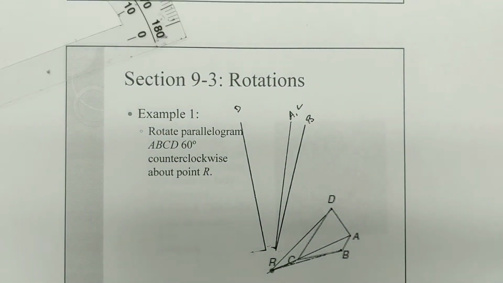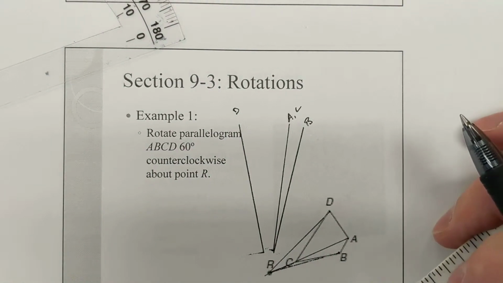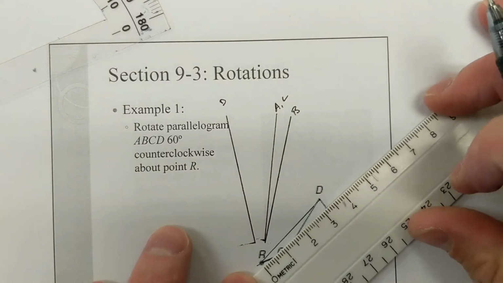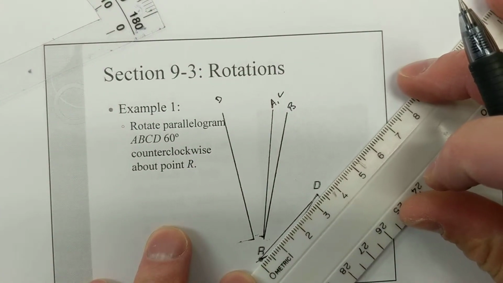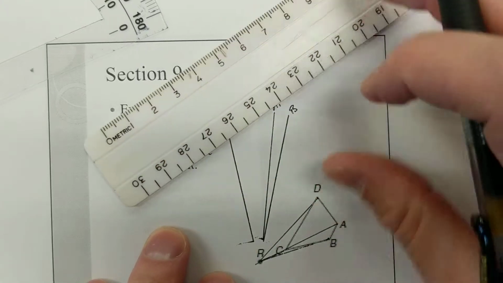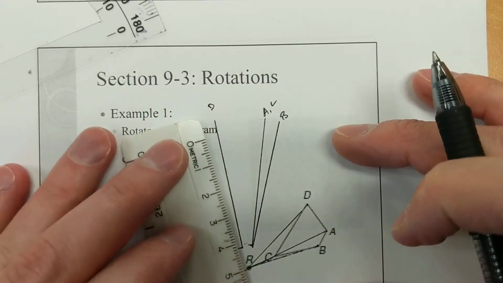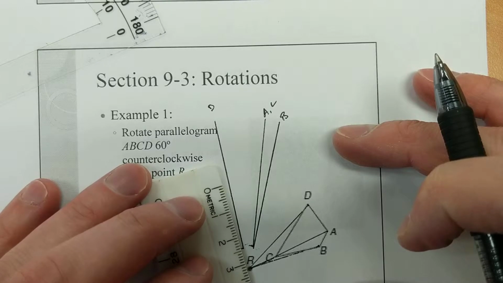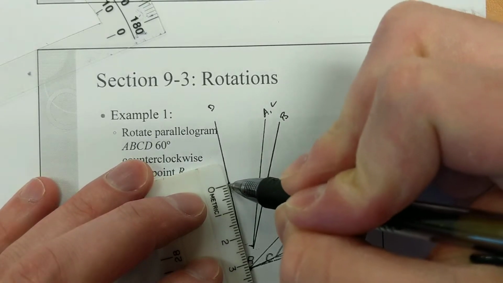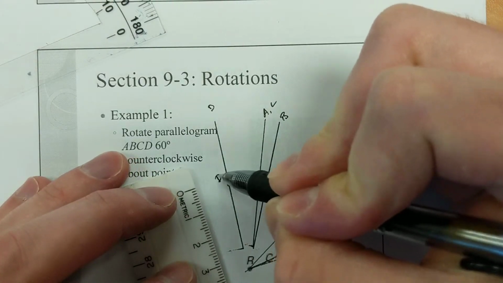All right, then you have to make some measurements. So we'll use the centimeter side. So for D, the distance from R to D is 3.3. So then you come over here, 3.3. Put a lovely little mark, and there is D apostrophe.